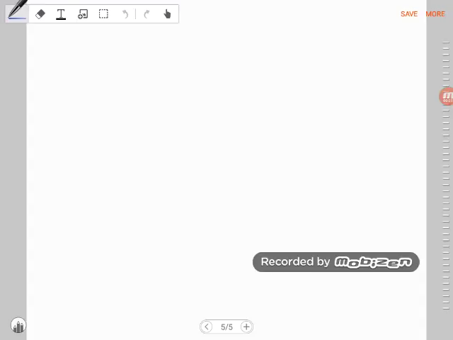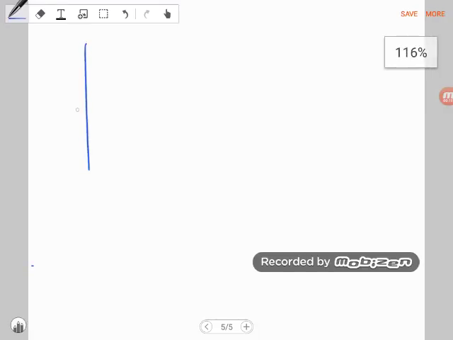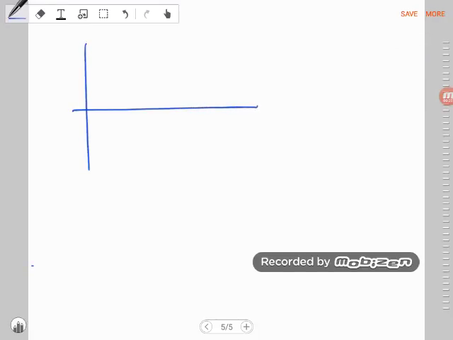Okay, so here's the answer for question 6 for the motion and forces review questions. We've got a graph that looks something like this. We start here at 2 and go up to 4 in 2 seconds.